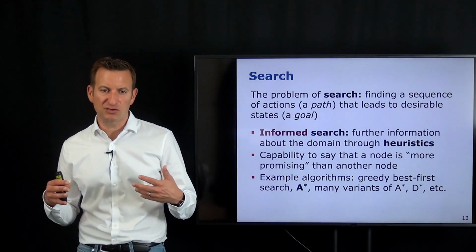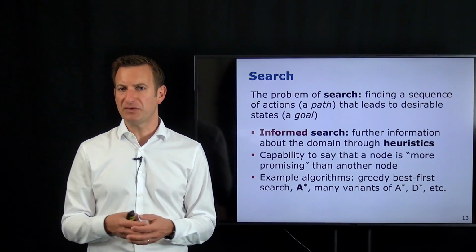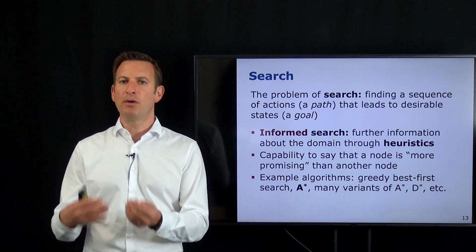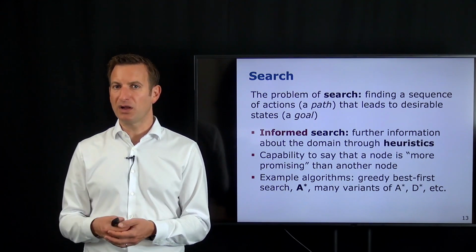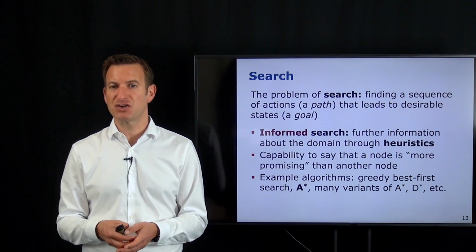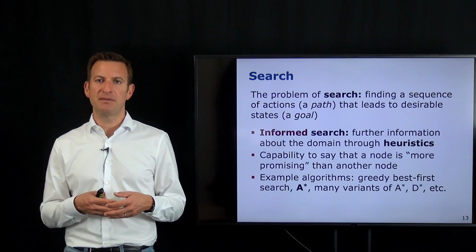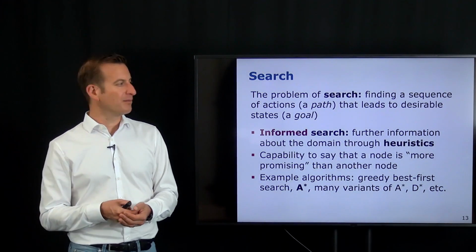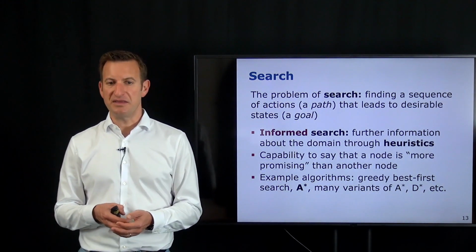The system is tailored to move towards this guess, and we can ask what the most promising locations to expand are. The system will simply prefer to expand more promising locations first in order to come to the goal more quickly. If those more promising locations are not the right way to go, the system will expand the other ones, but later in time. And so the planning system is typically faster if you have an informed search at hand. The prominent example for informed search is the A-star algorithm.